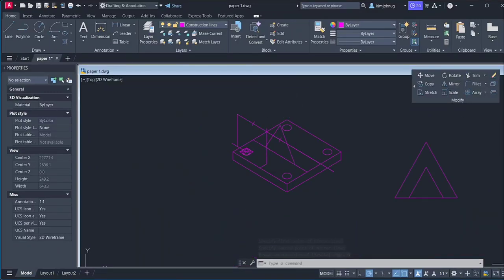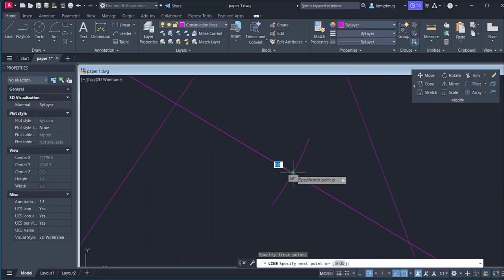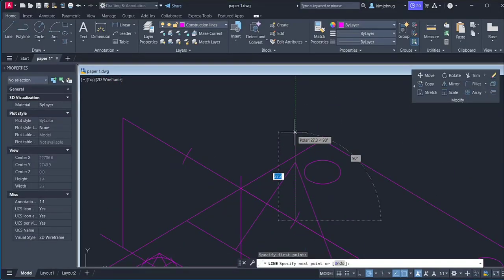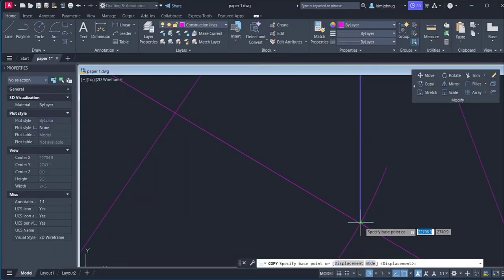Then the other thing it is telling me is that there's a vertical line here. I want to copy that line this side also.